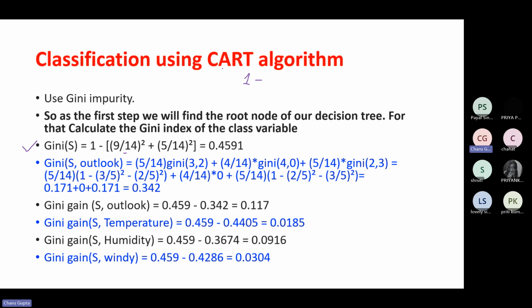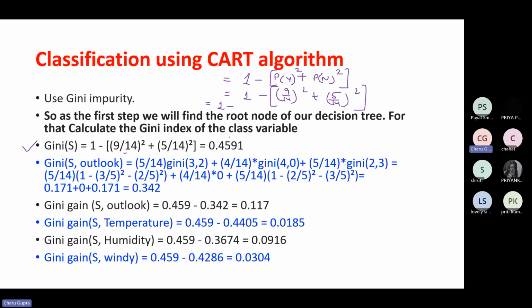So CART algorithm में हमारे पास 9/14 probability of yes, probability of no. I will add, ठीक है, इनका स्क्वायर करेंगे, ऐड करेंगे और 1 में से माइनस कर देंगे. So what is it? 9/14 squared plus 5/14 squared. What will you get? 1 minus, you will square it, add it and subtract it.